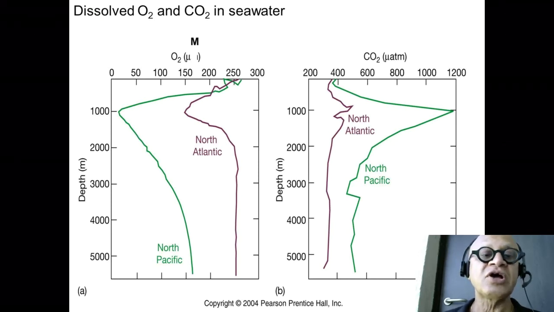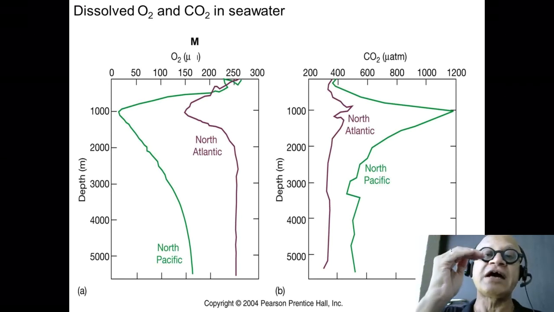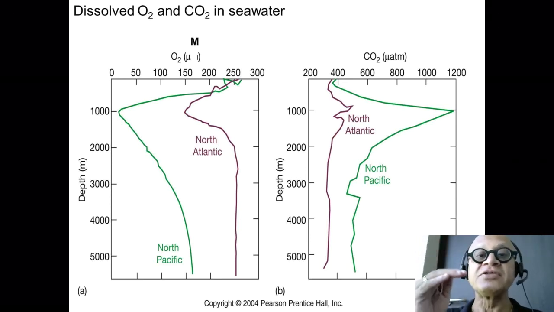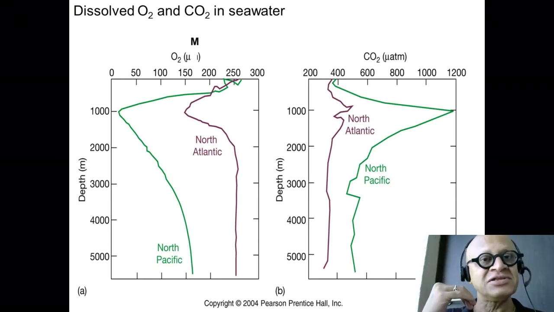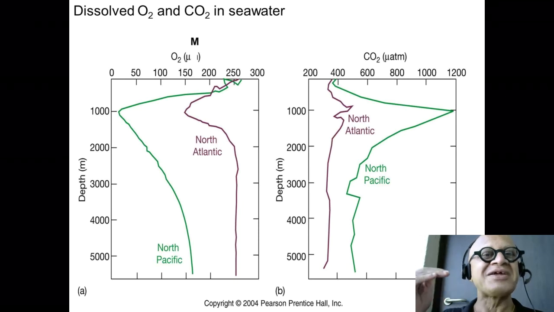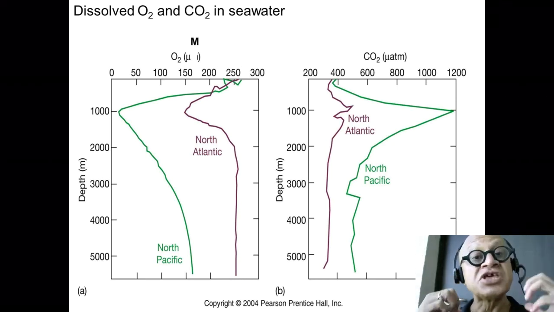As you go deeper down to about a kilometer, oxygen continuously decreases. Why? Because all this photosynthesized material that's falling down is being eaten by other things like zooplankton, small fish, bigger fish, and so on. What do the species that eat this primary production do? Just like us, we eat something, we respire it to produce energy, which means we are converting carbohydrates and sugar into water and carbon dioxide, and we're doing that by breathing in oxygen.